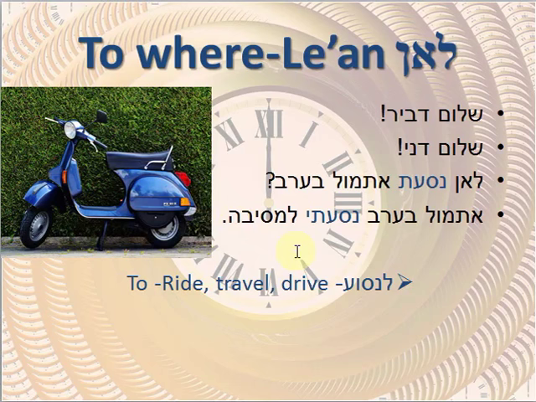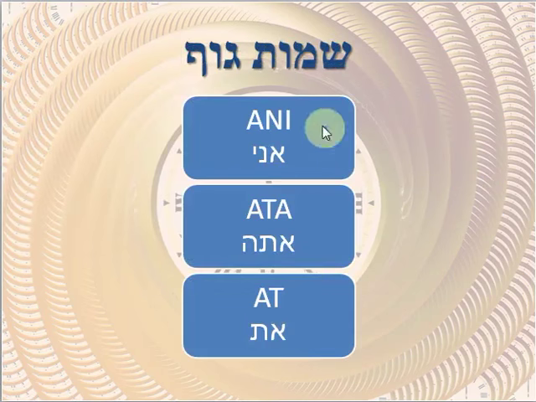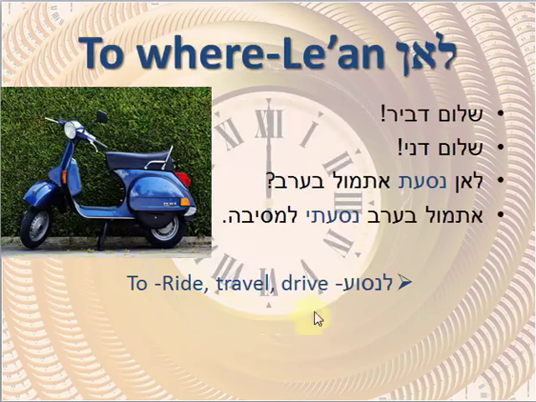Okay, by saying nasati. Ani nasati. Nasata. Ata nasata. And again, you can see here that we don't have pronouns. Why don't we have pronouns here?